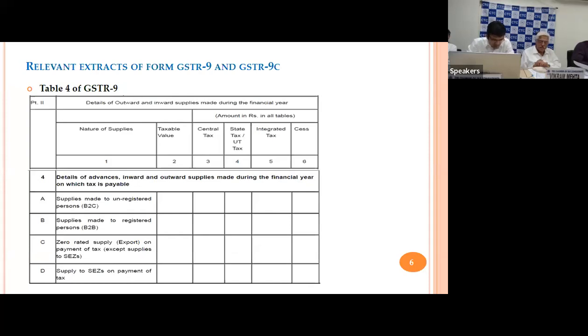Basically, the way of arriving at it is that you are supposed to show 120 rupees in table 4, ideally. But since you have already paid 30 rupees out of that, which you will show in table 10, in table 4 you will show the differential amount of 90 rupees. So that 90 plus 30 shown in table 10 will match your total GSTR-9 with your books. So your 120 will tally accordingly.